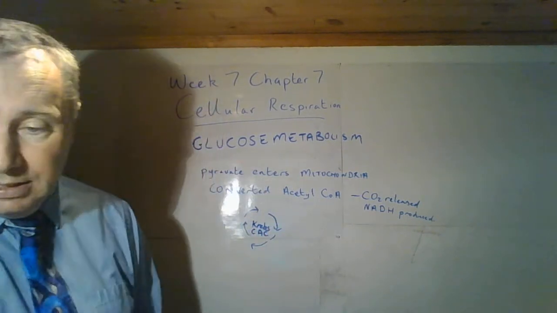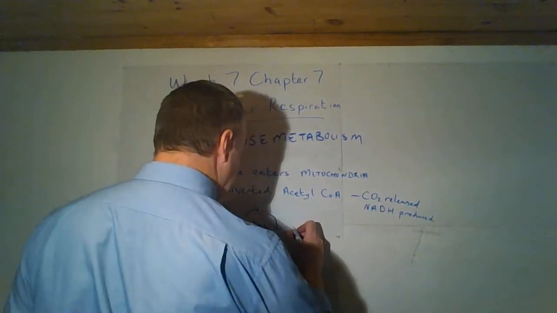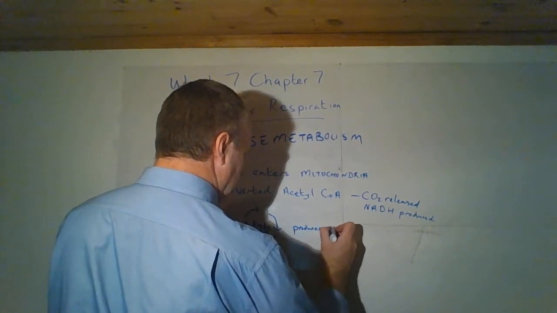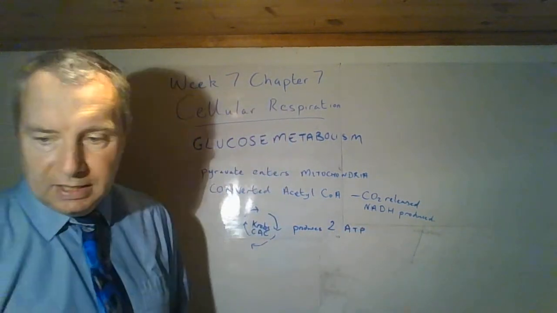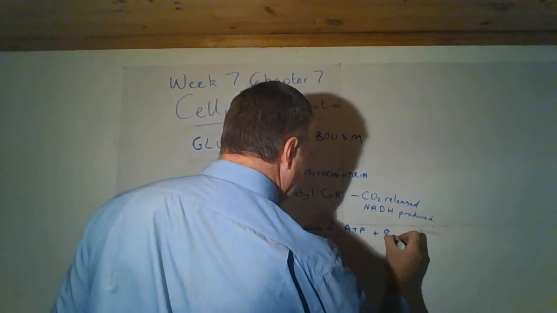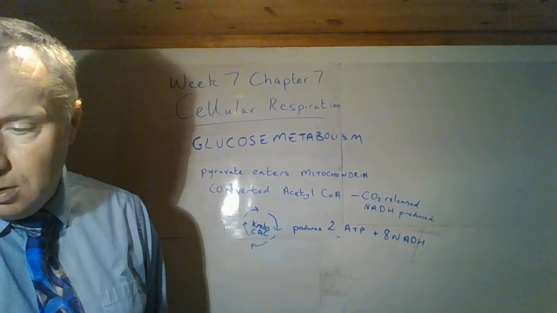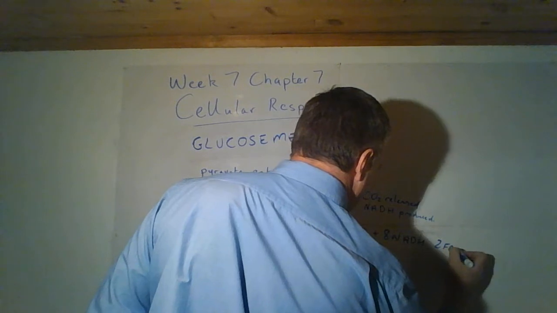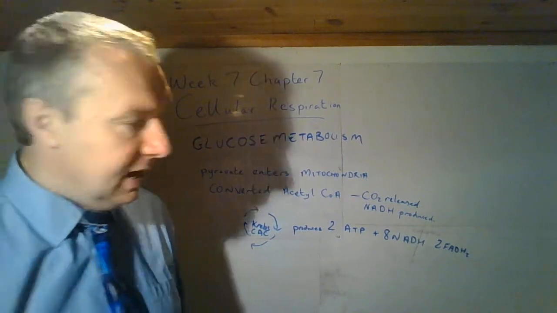And what happens is that we get 2 more ATP, but more importantly, it produces 8 NADH, and 2 FADH2, and 6 CO2.